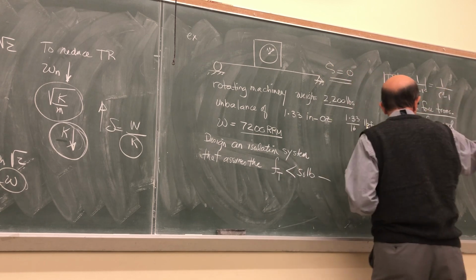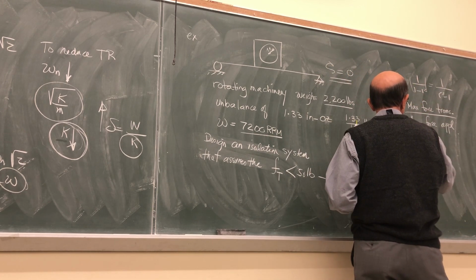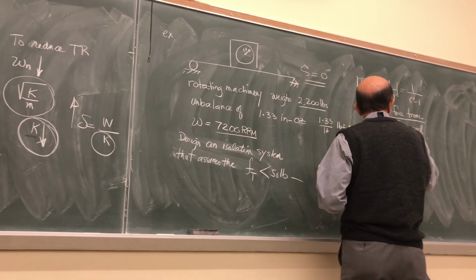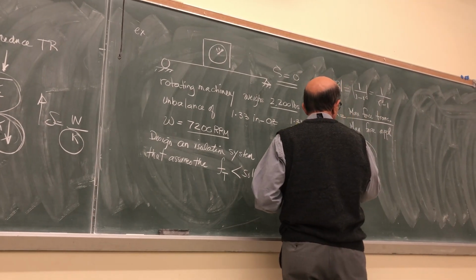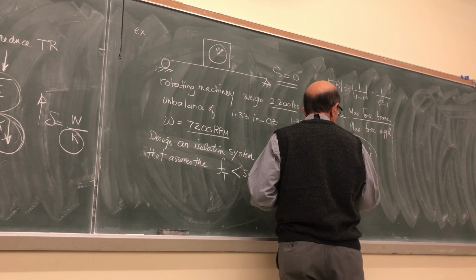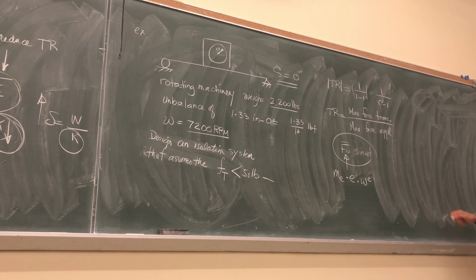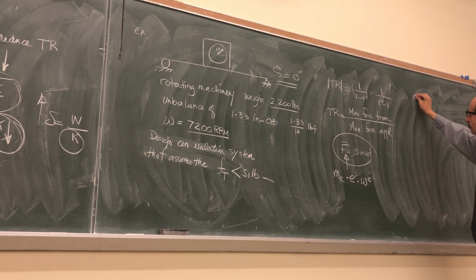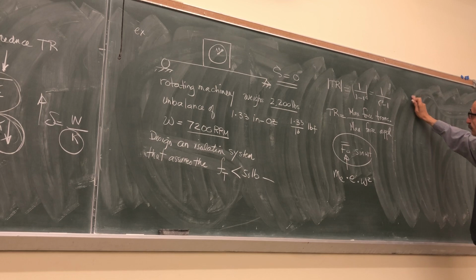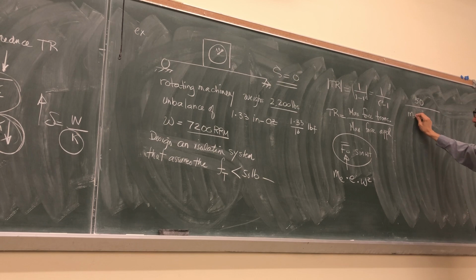The right-hand side of the equation is F0 sine omega t, and F0 was m sub e times e omega squared. So what you need to find is the maximum force transmitted, which is 50, divided by m e omega squared. You want this to be less than 1.